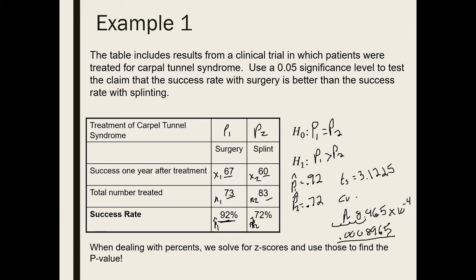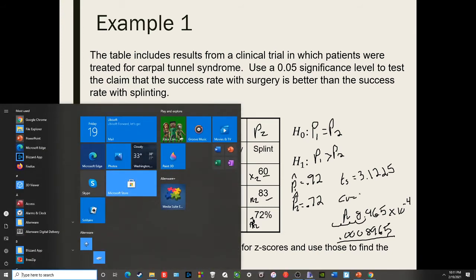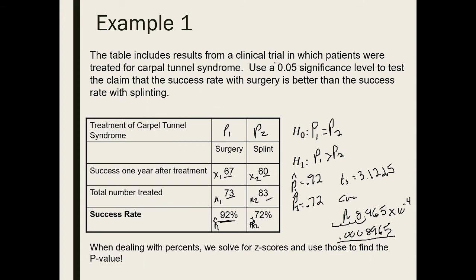And your critical value, in this case, you actually have to figure it out. It does not give you your critical value, because remember, your critical value is based off of your alpha. So my alpha is 0.05. I'm doing a right tail test.